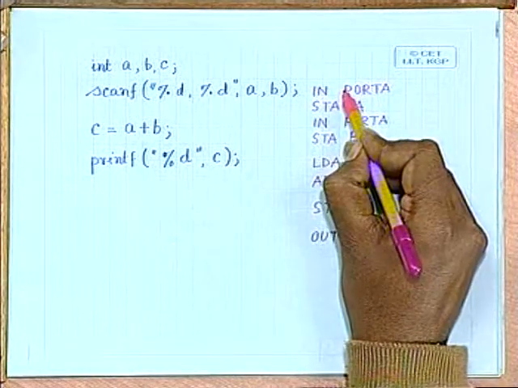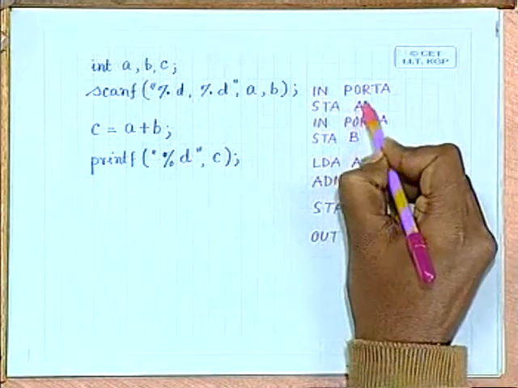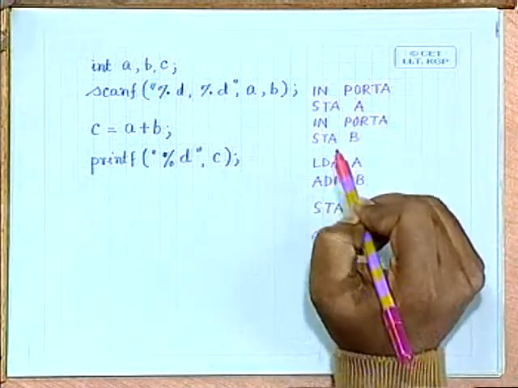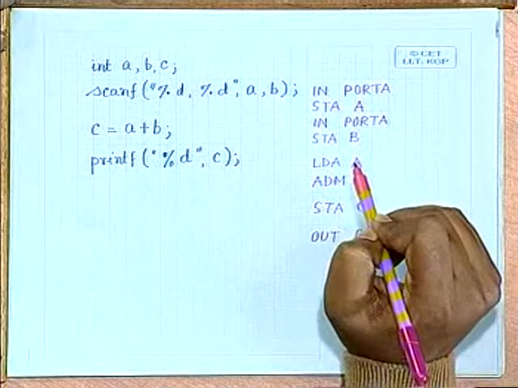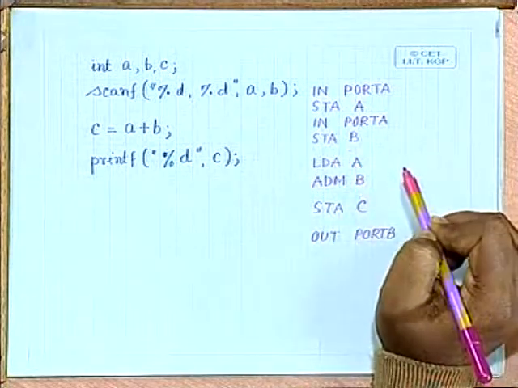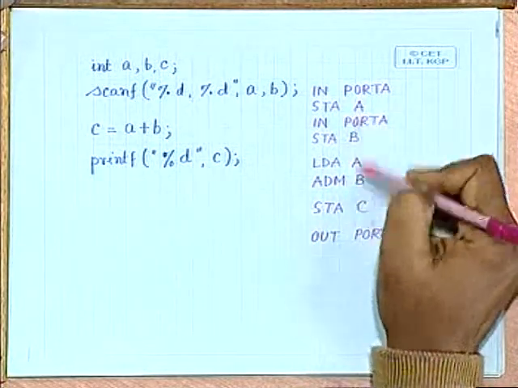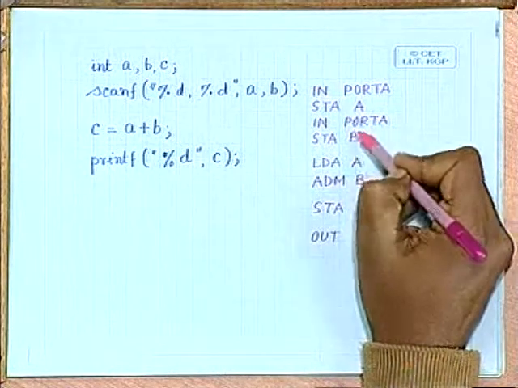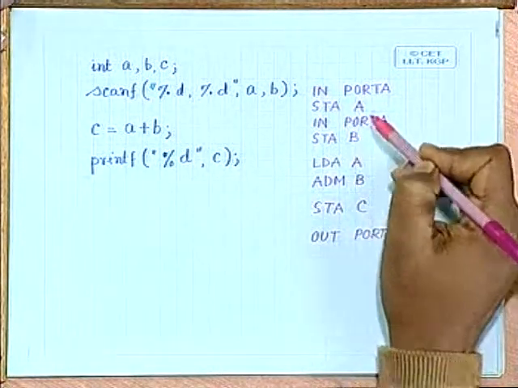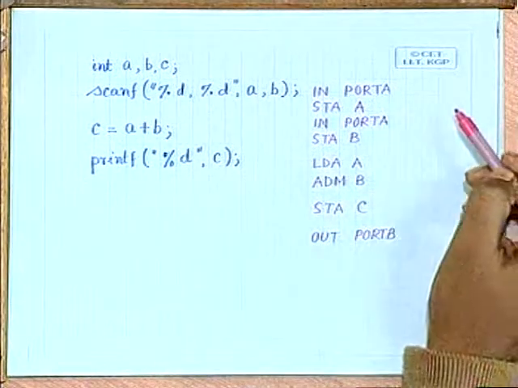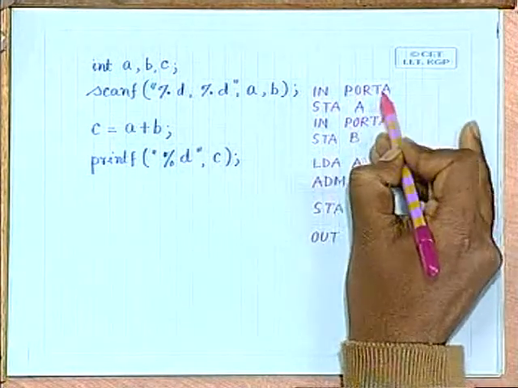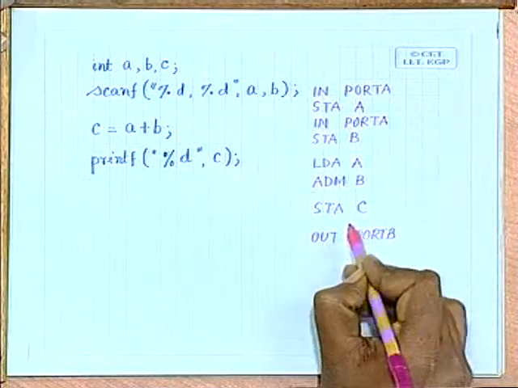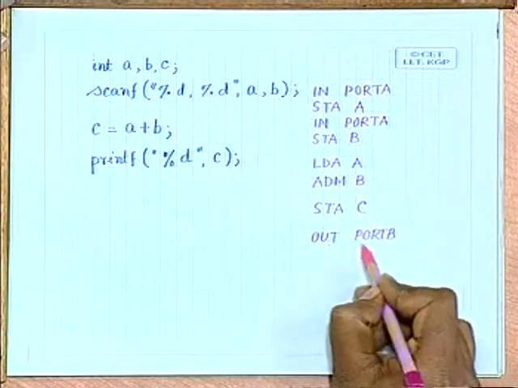Similarly, we are saving this data to a memory location which is allocated to this variable A, which again tells us that we have to have some memory associated with the computer. And along with this register, in this particular case the accumulator, and the memory unit, we also have some input output devices, because the values of the variables are inputted from a port. Similarly, the value of the variable C is outputted to another port.